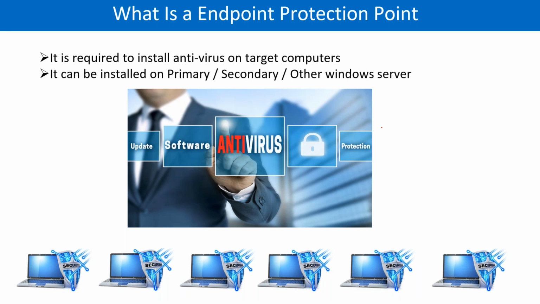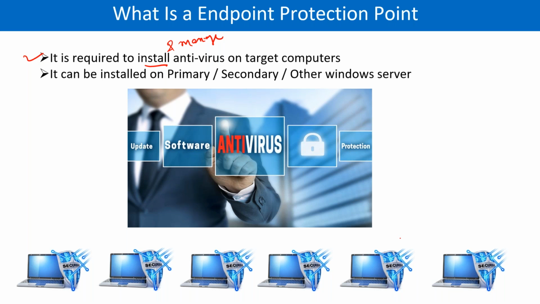Endpoint protection. You have Windows Defender, right? In computers. In order to manage Windows Defender, we can use this endpoint protection point. This endpoint protection point is required to install and manage antivirus on target machines.